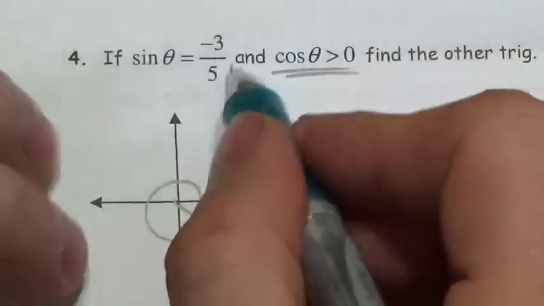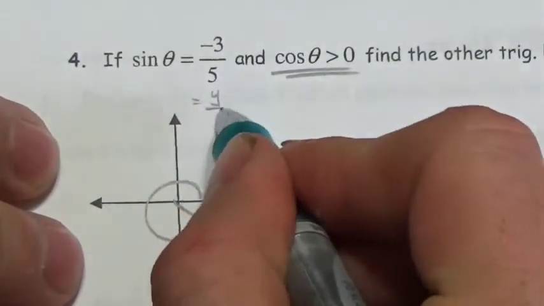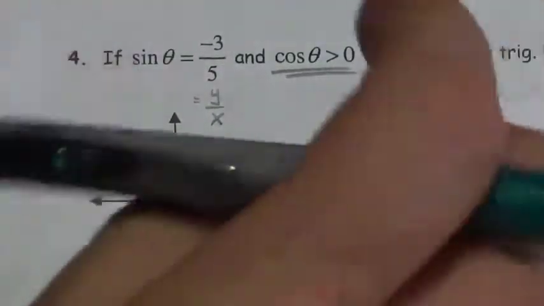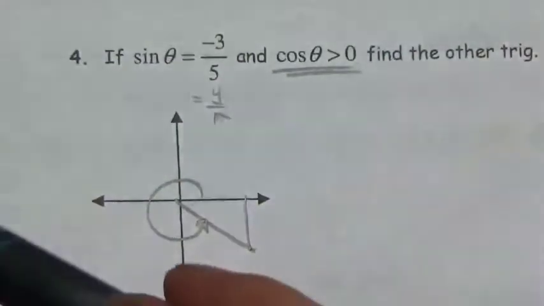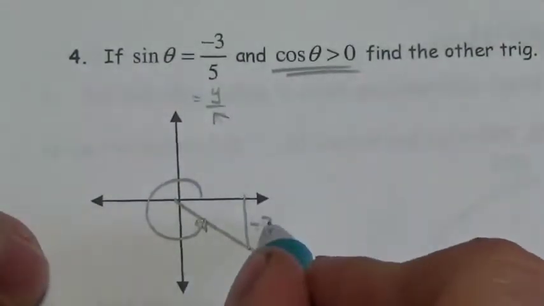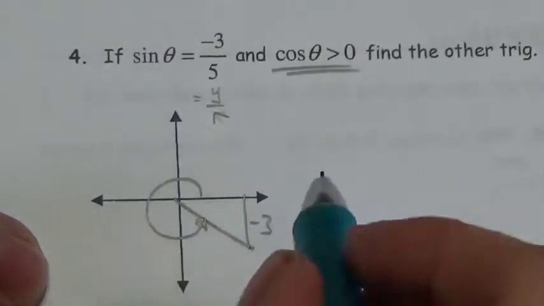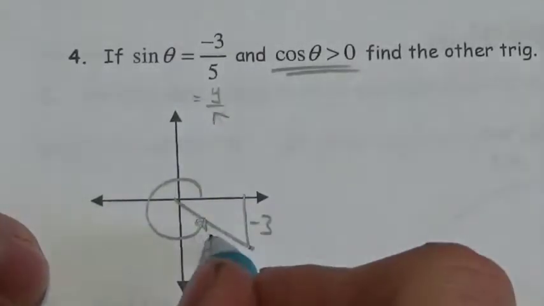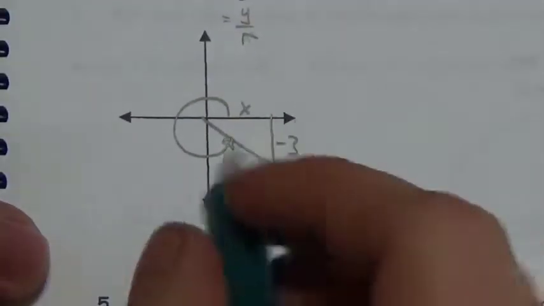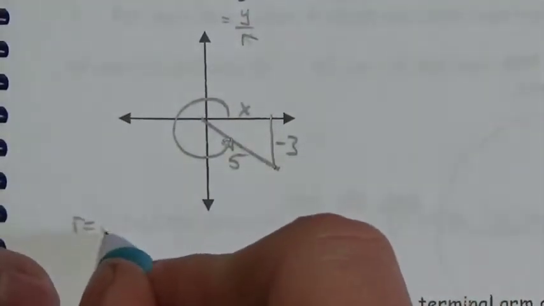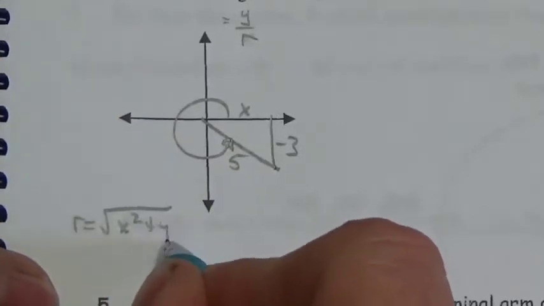Now, we've already gone through and mentioned that we know that sine is y over r, not y over x, that is in fact tangent. So that's going to get me negative 3, negative because it's pointing down. And then the r value is going to be 5, and so I'm missing x. So just like we did in the last case, we've got to figure out what that is. That's going to be the square root of x squared plus y squared.